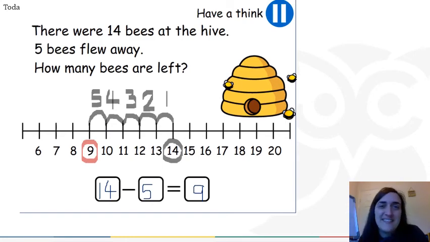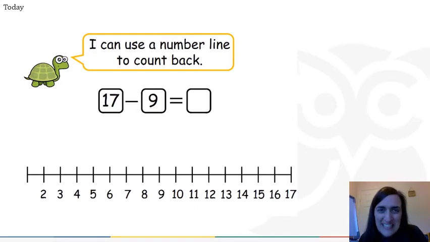Super work, boys and girls. Tiny is so impressed now because he says, I can use a number line to count back. Can you say that? I can use a number line to count back. You're doing amazingly, boys and girls. Please, can you have a go at this question now? Can you read the question out loud?